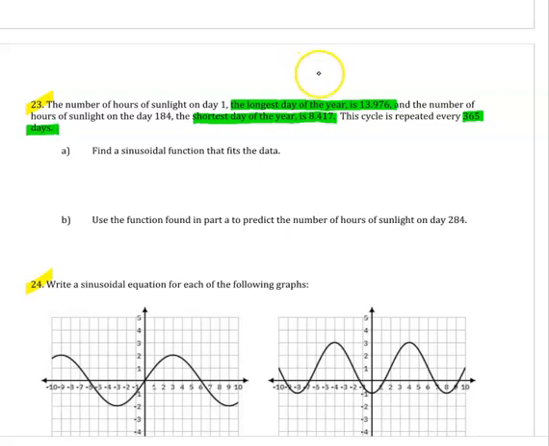Now, they're saying on day 1, they're starting at the longest day, which means we're starting at a max. So we're going to represent this as a cosine curve if we're going to start at a maximum point. Okay, now I can use the numbers they gave me, which was the maximum and the minimum.